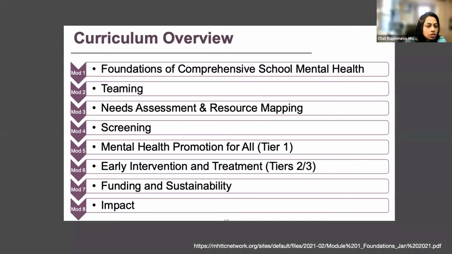Here you can see there are 8 modules that make up the implementation guide. We have so far covered foundations of comprehensive school mental health and teaming, and today we will cover needs assessment and resource mapping. If you did not have a chance to attend those 2 previous sessions, you can find the recording on the UTech Lab website.